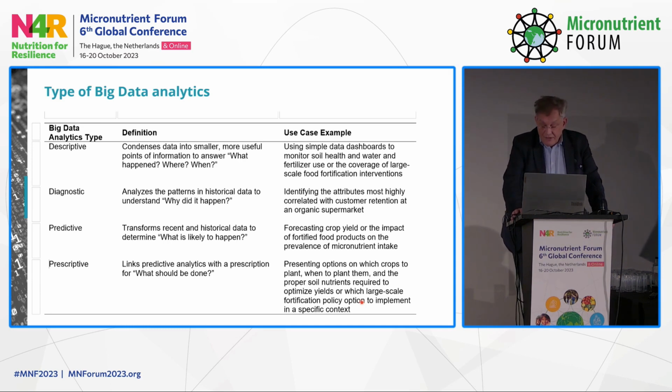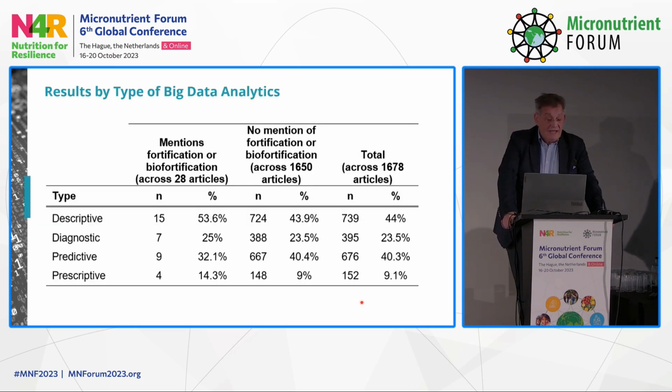We have separated this as well according to the study, and what you can see here is, again, now we have brought all sectors and all steps together, no longer separated along the value chain. And again, if you look at the numbers related to mentions of fortification or biofortification, we have only 28 papers which are addressing the different issues.